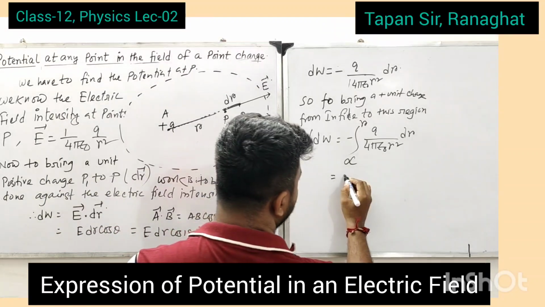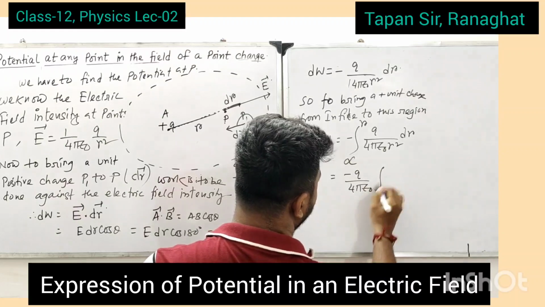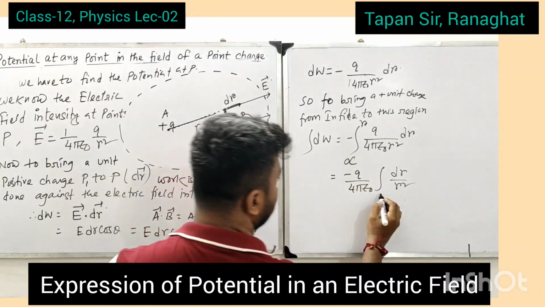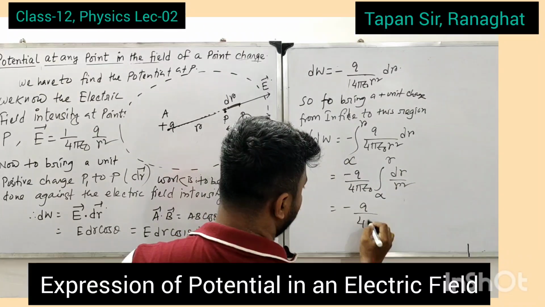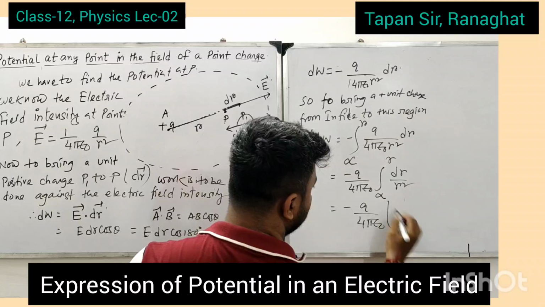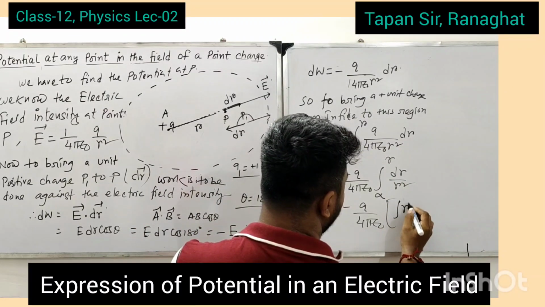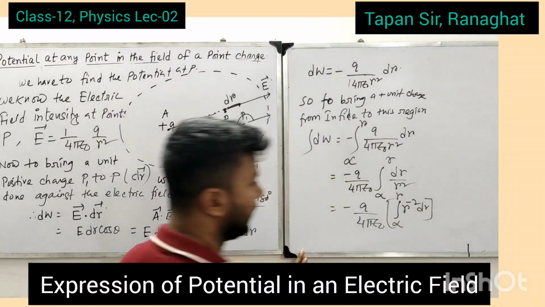So now minus q by 4 pi epsilon naught, dr by r square, ठीक है. So this will be the integration of r to the power minus 2 dr, infinity to r, right.